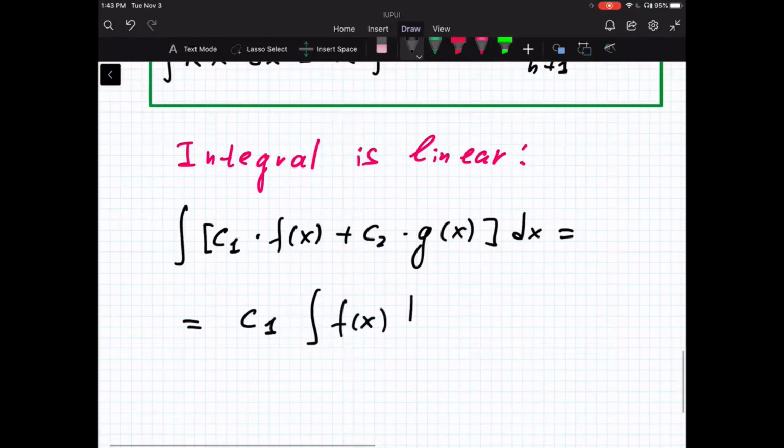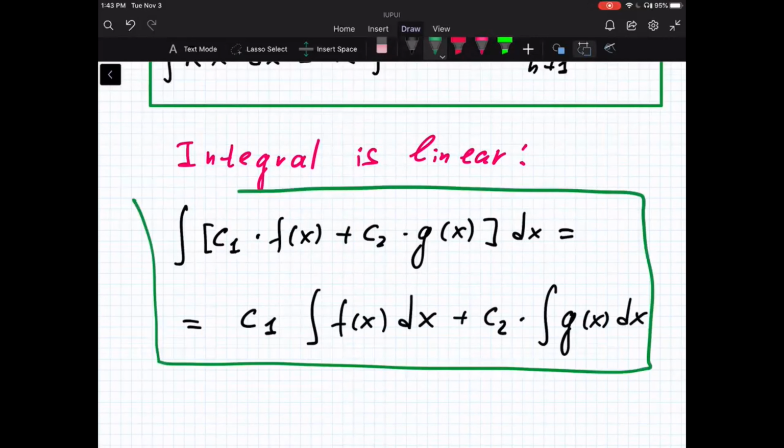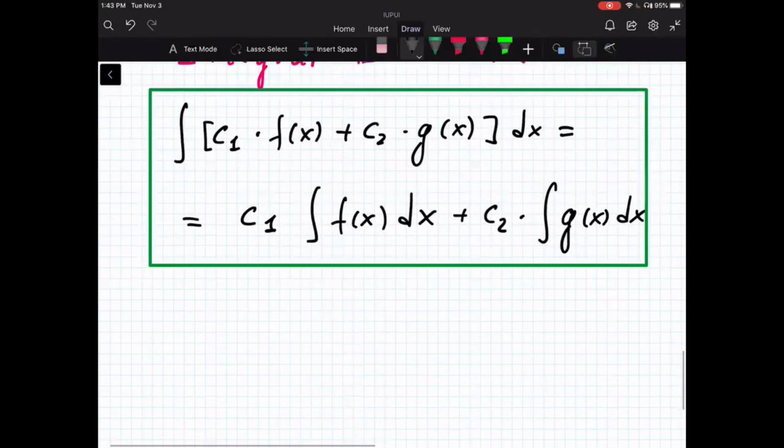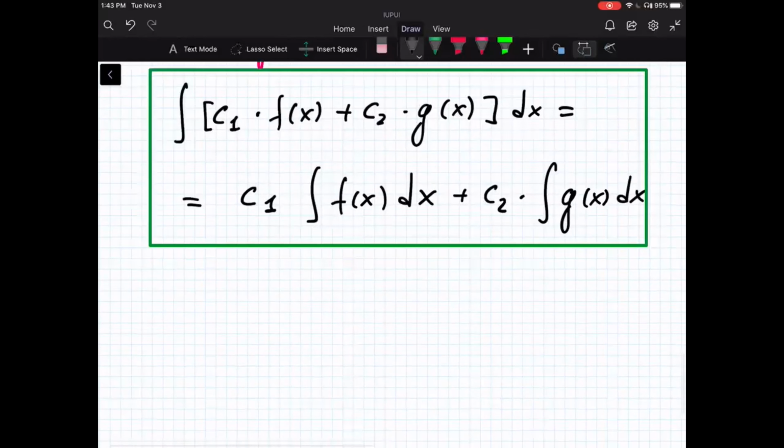So it is equal to c1 times the integral of f of x dx plus c2 times the integral of g of x dx. And it is not hard to see, because if you want to check that it's indeed true, we need just to differentiate.